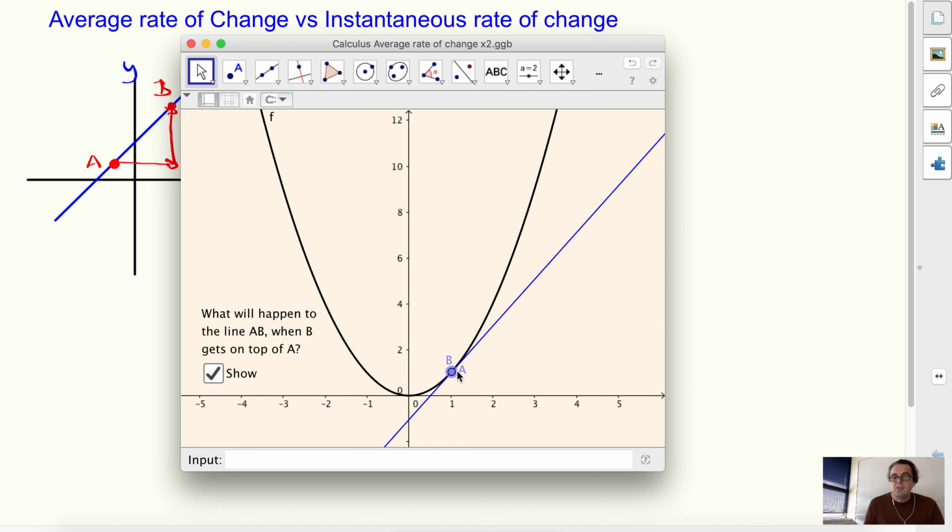Now this tangent has a gradient, at this single point on the curve. And that's called the instantaneous rate of change. So instead of having two points, average rate of change, I'm going to one point on the curve, instantaneous rate of change. But I need to find the gradient of the tangent.